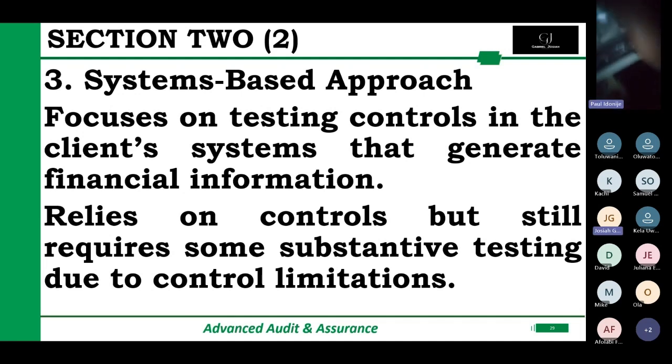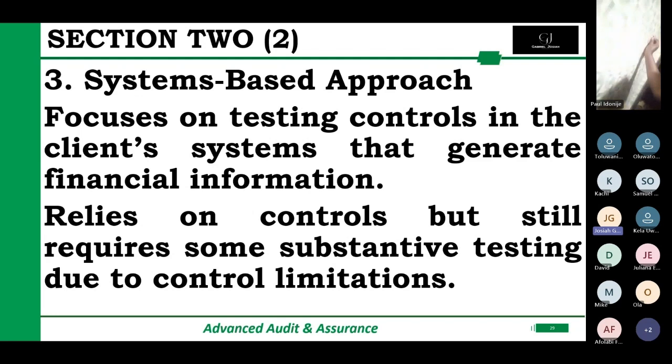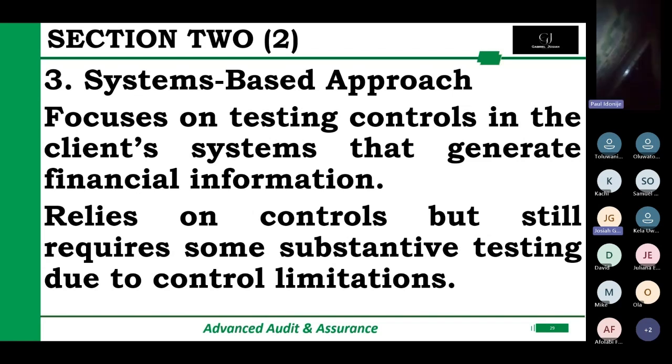Then for the system-based approach, it focuses on testing controls in client systems that generate financial information or culminate in the production of the financial statements. The reliance on controls requires some substantive testing due to control limitations.